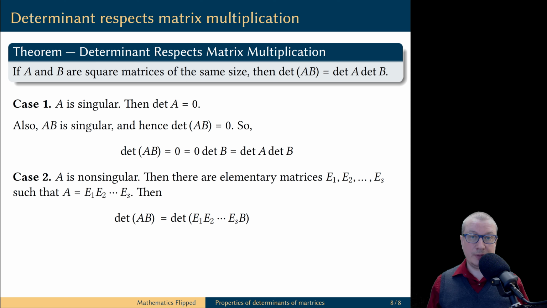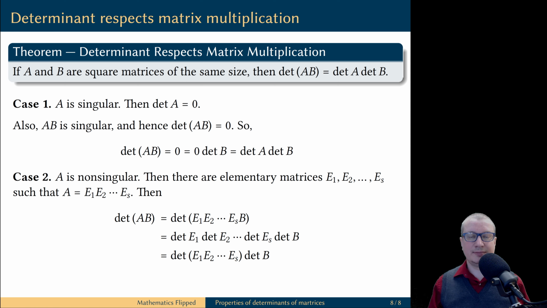We are going to chip out one elementary matrix at a time from the left, and we will arrive to this product of determinants. Now comes a creative trick. Let's reverse this process of chipping out one elementary matrix at a time on the left backwards, but let's now exclude the matrix B from the consideration. This gives us exactly what we're looking for.